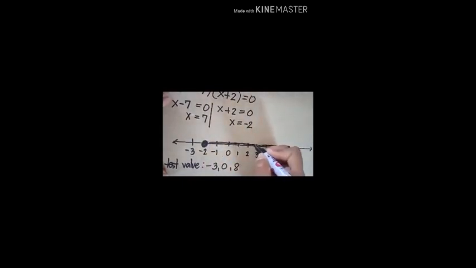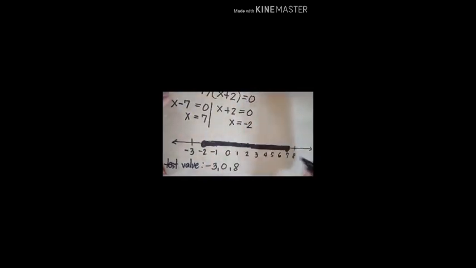So, ibig sabihin nito, yung solution set natin is the middle region or the numbers that are in between negative 2 and positive 7. And since closed circle or closed dot ang points natin, ibig sabihin, part din sila ng solution set.